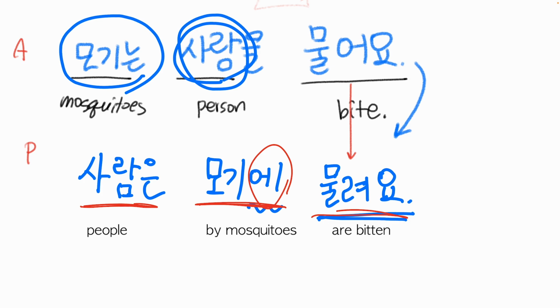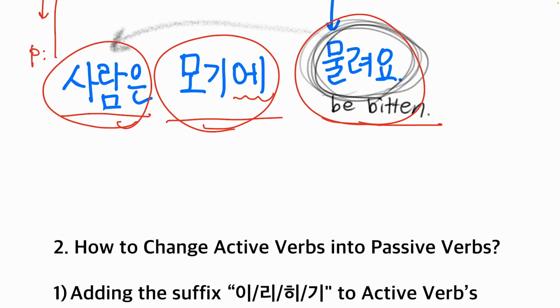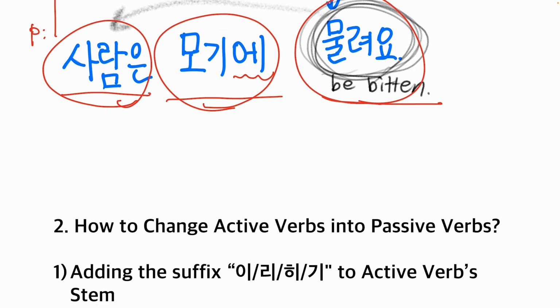So 사람은 모기에 물려요 would be the passive equivalent of the original sentence, 모기는 사람을 물어요. So the basic structure of passive voice sentences in Korean would be you first put the subject, and subject should be the receiver of the action, not the doer of the action, right?